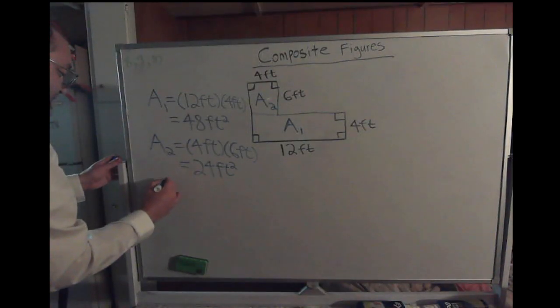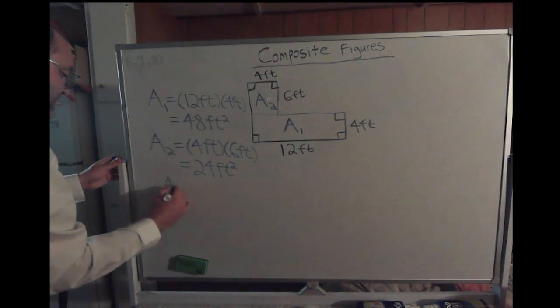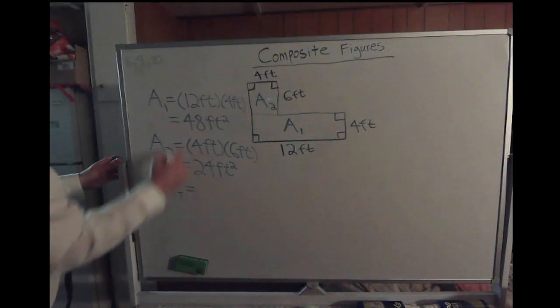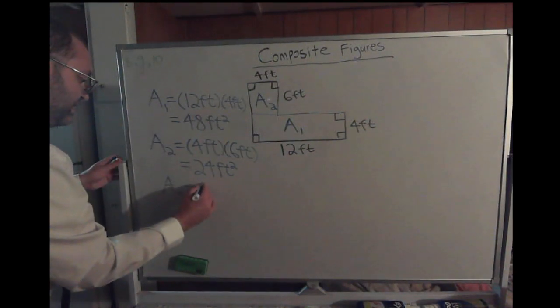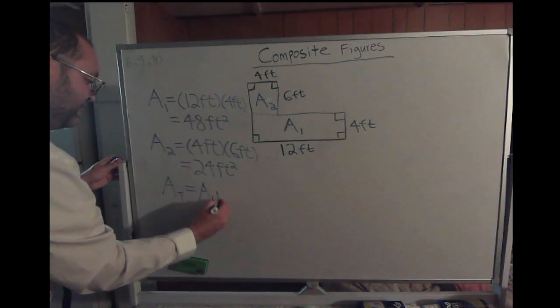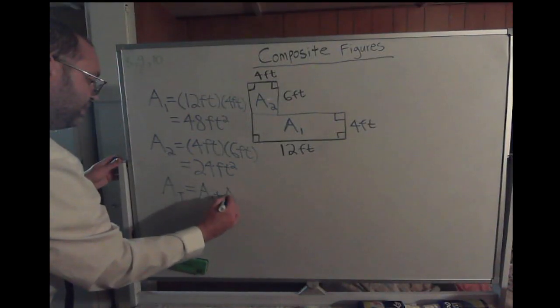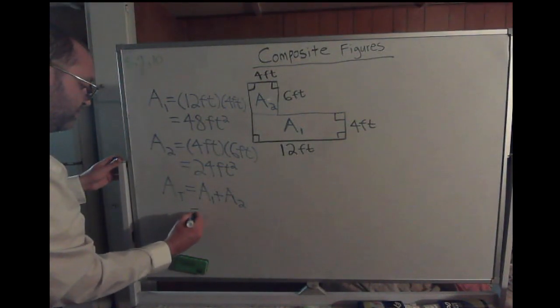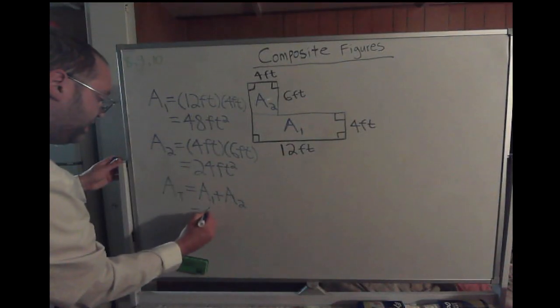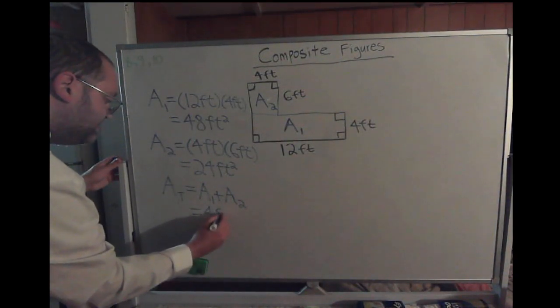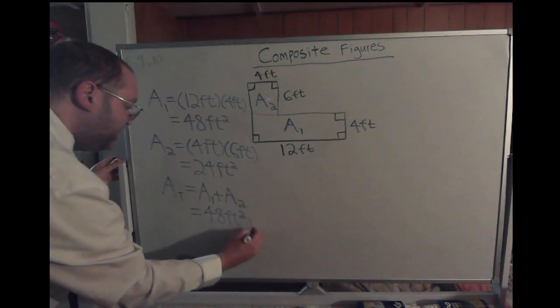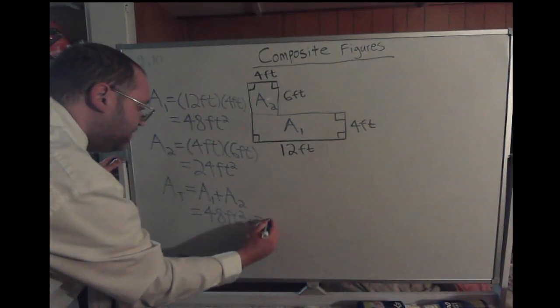To find the area total, A sub t, we're going to call it that, the total area, you're just going to add the sum of both areas together. So the total area is the sum of these areas together, which is going to be equal to that 48 square feet plus the 24 square feet.